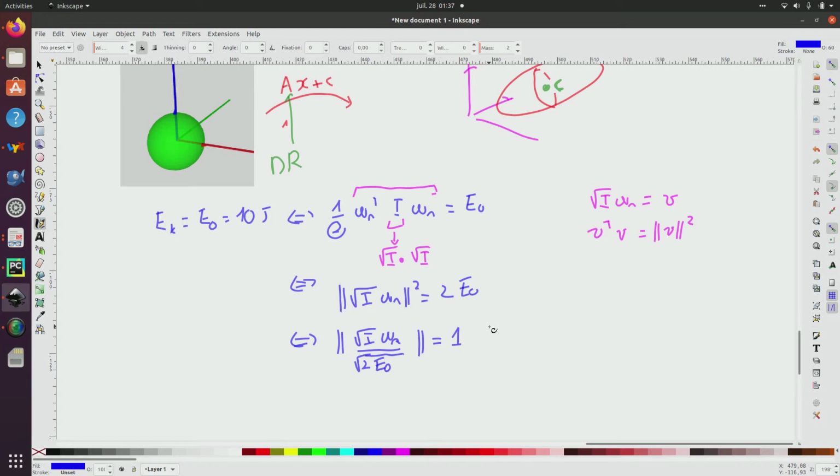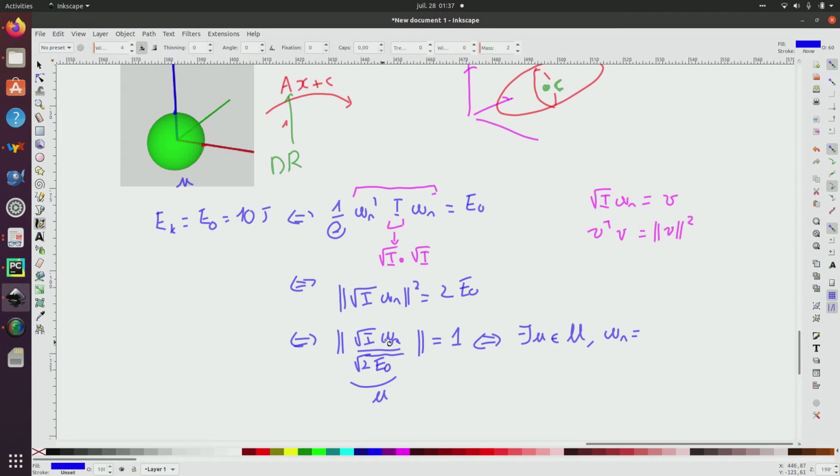So this vector, I will call it U, and it will be inside this space. U like unit. So it is a unit vector, because its norm is equal to 1. So this is equivalent to saying that there exists a U that belongs to the unit sphere, such that omega r is equal to... I isolate omega r in this expression, since U is equal to this.